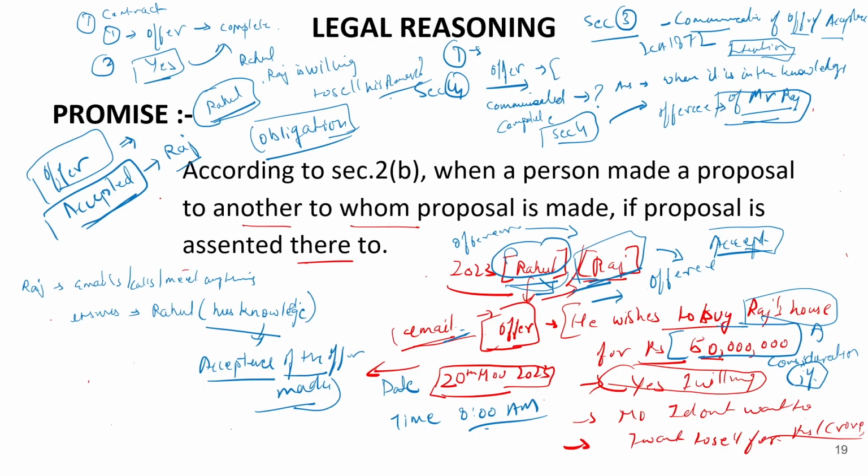Rahul has communicated this intention on 20th of November 2023 at around 8 o'clock. He informs Raj via email. Now, Raj opens his emails at 8:45 a.m. and sees that this communication is made.